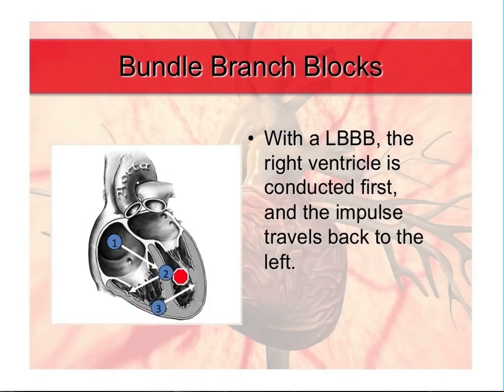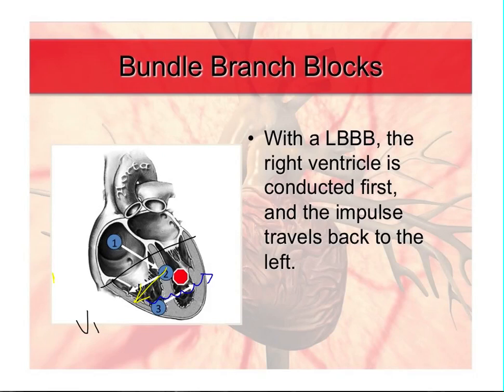All right, with a left bundle branch block, let's picture V1 again. Remember, we're talking about ventricular depolarization. Essentially, you're going to get quick depolarization to the right, and then slow depolarization back to the left. And it might look something like this. We're going towards V1 and then away.